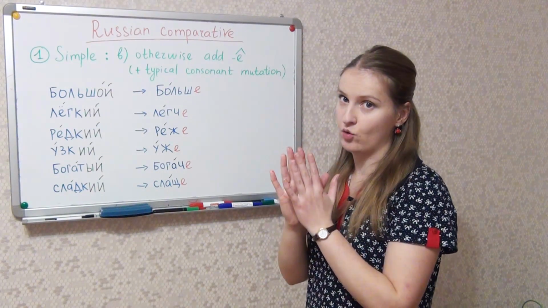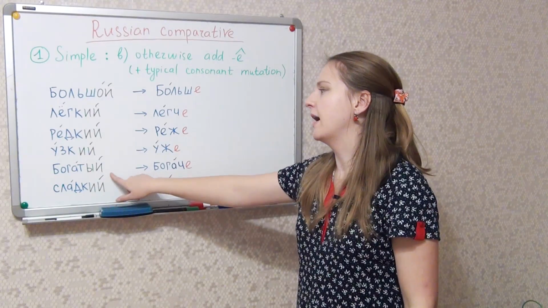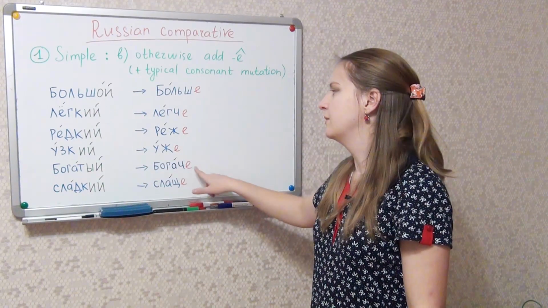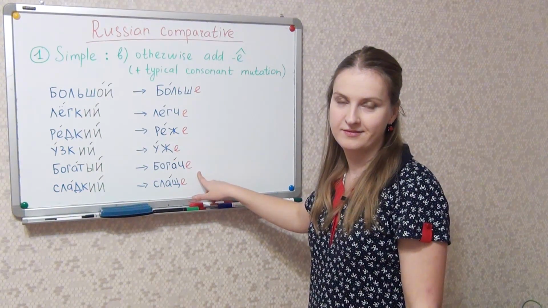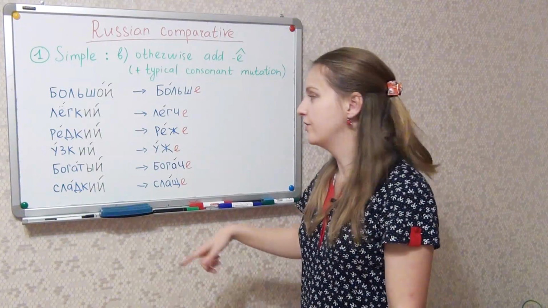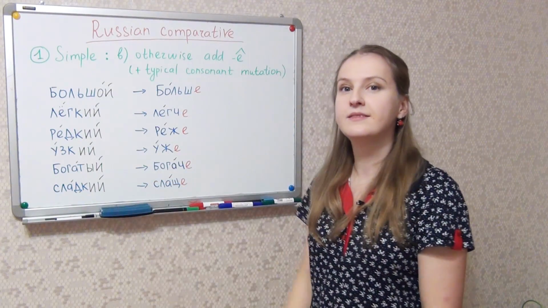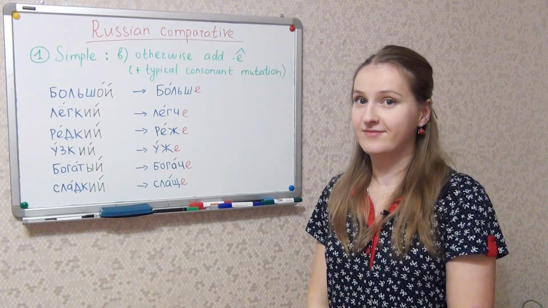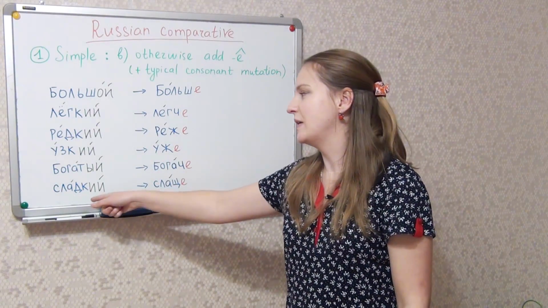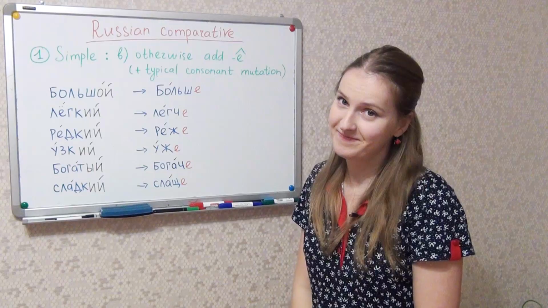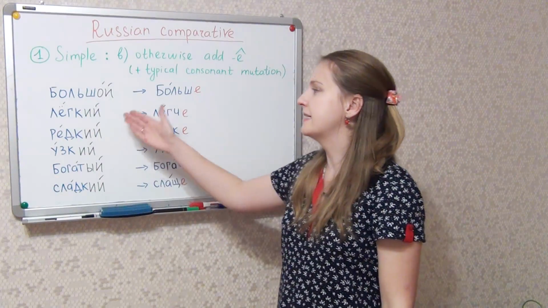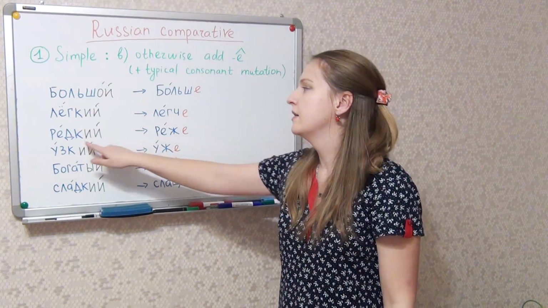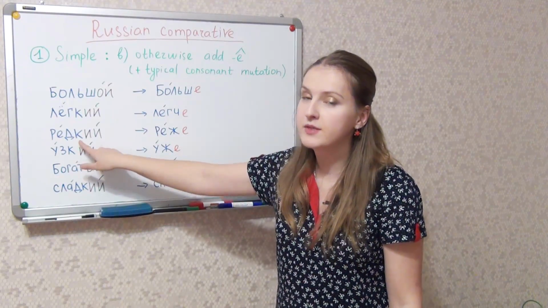Narrow, narrower. Богатый, богаче. Rich, richer. Сладкий, слаще. Sweet, sweeter. You should notice that in some words the letter К is dropped.